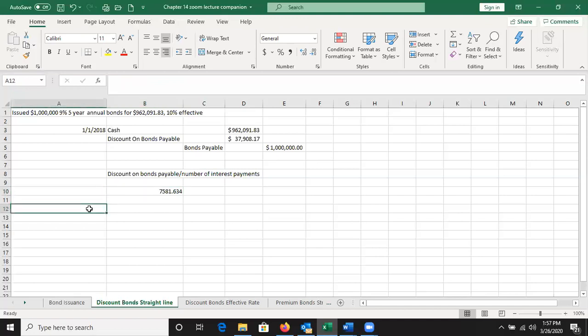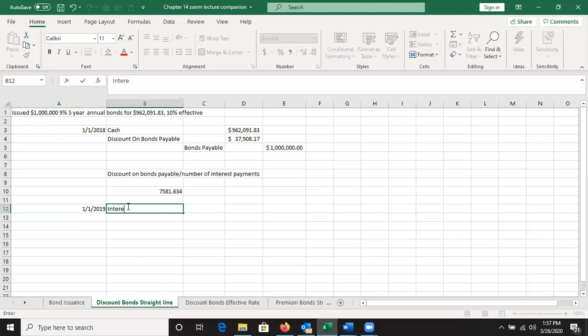So when we get to our first interest payment, I'll make it January 1st, 2019. Don't worry about accruals or anything like that, interest payable. We're going to hit the bare bones stuff. So 1 year passes by, we have to pay interest. So we're going to debit interest expense.